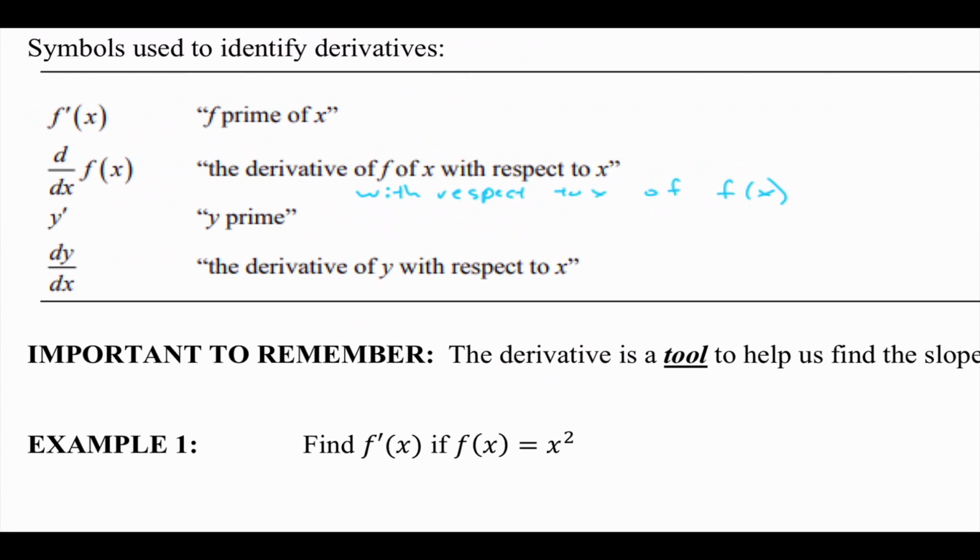Anytime you see f with a little tick mark, that means the derivative. That's the derivative equation. Okay? Sometimes you'll see d over dx of f of x. That means the derivative of f of x with respect to x. d over dx means it's an action verb.